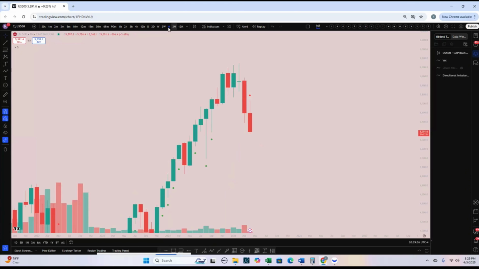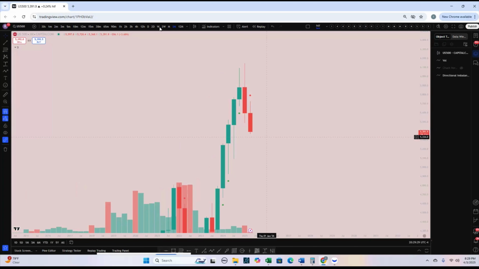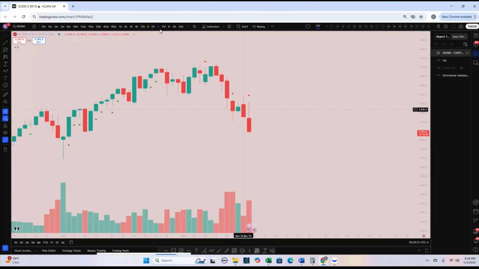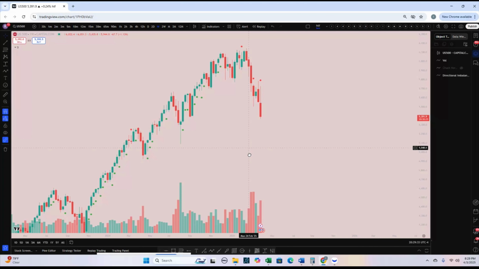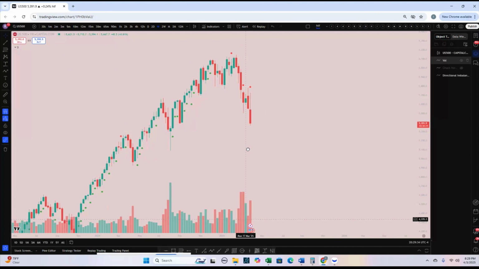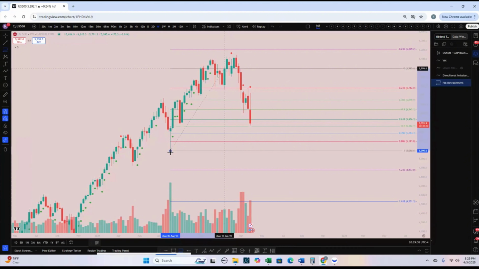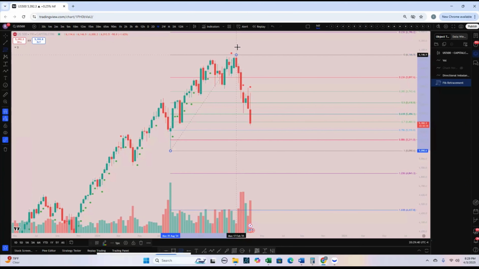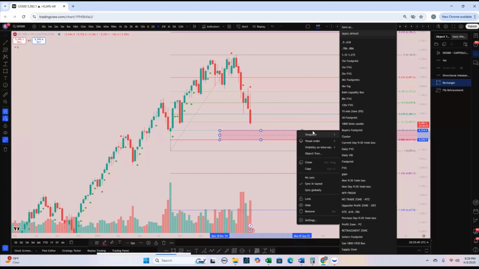At the same time, I do expect some type of relief because we've dropped quite a bit. So if I fib from August 2024 to all-time highs, and we continue dropping, my little area of interest would be here.